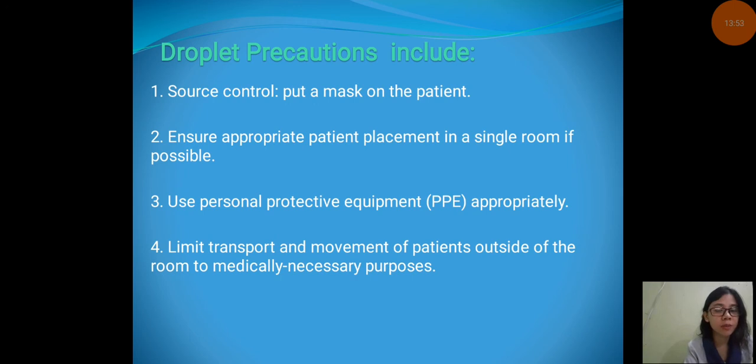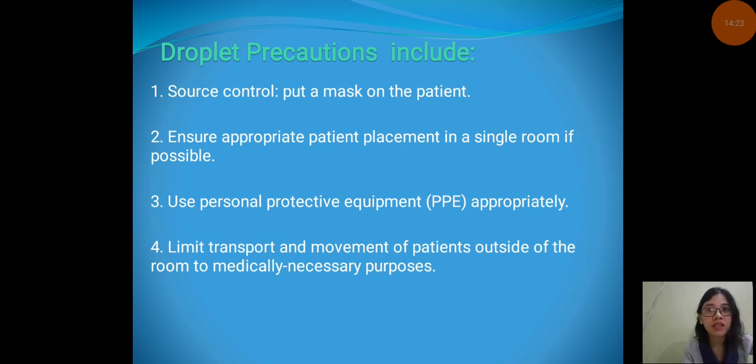That's the first step. And the second one is ensure appropriate patient placement in a single room if possible. It also includes the use of personal protective equipment appropriately and limiting the transport and movement of patients outside of the room. So those four are very important for the droplet precautions.